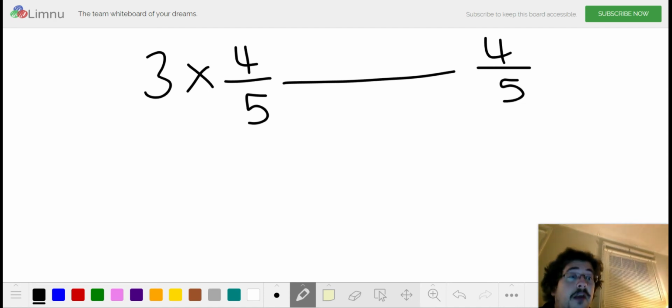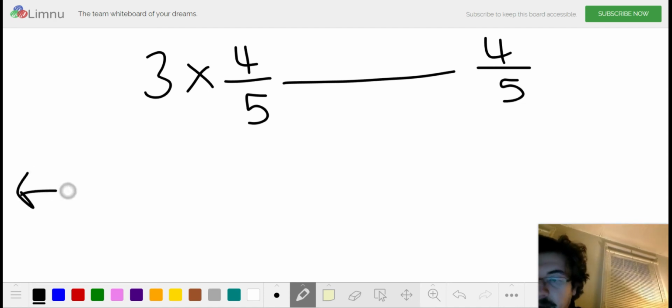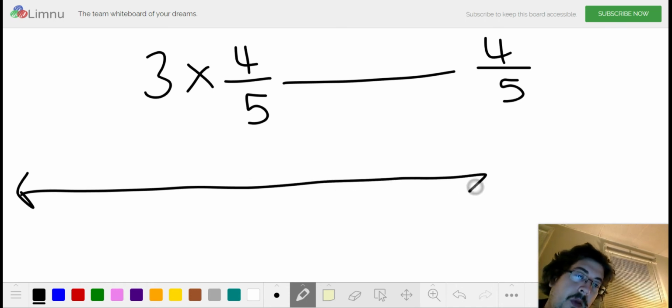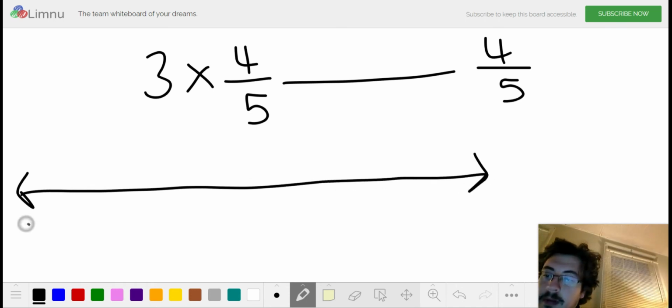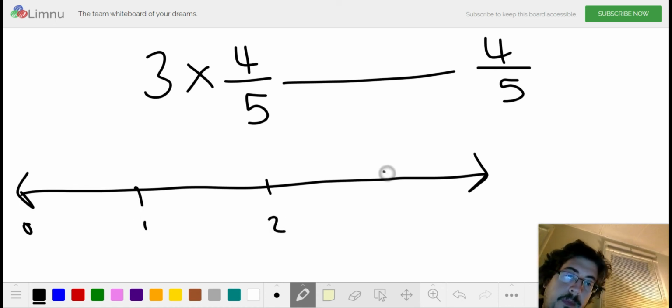So we can use a number line to help us kind of see this. I'm going to draw my number line down here, and I'm going to label it with my whole numbers. So I got 0, 1, 2, 3, and it's just going to go on forever.